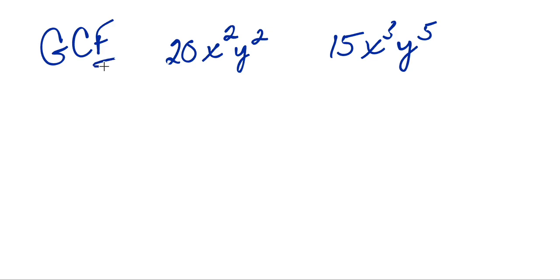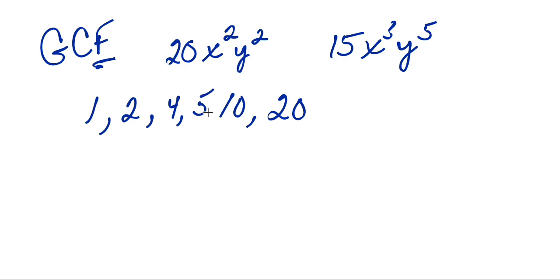Now, greatest common factor, the F, we're going to be looking at factors. So if I look at 20, what are my factors of 20? Well, everything is going to go into 1, so 1 and 20. That will be my first factors. Then we have 2 and 10, and then also 4 and 5 is how I list my factors of 20.